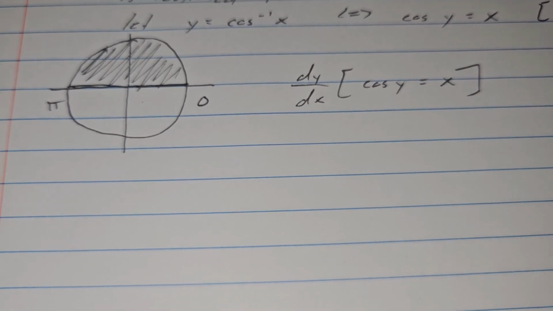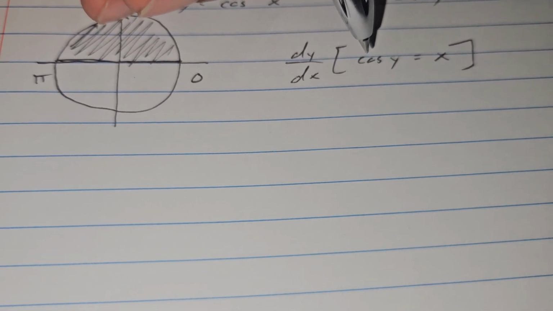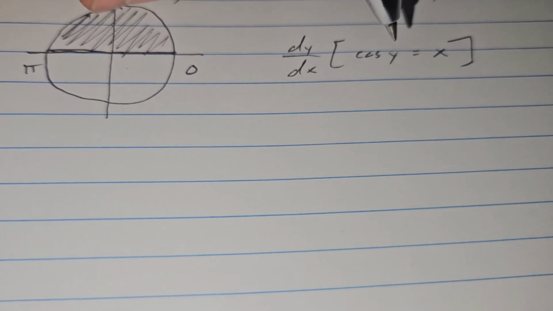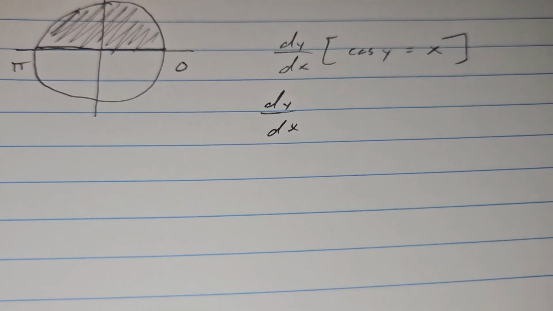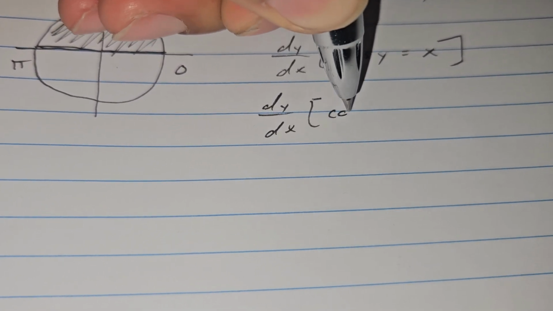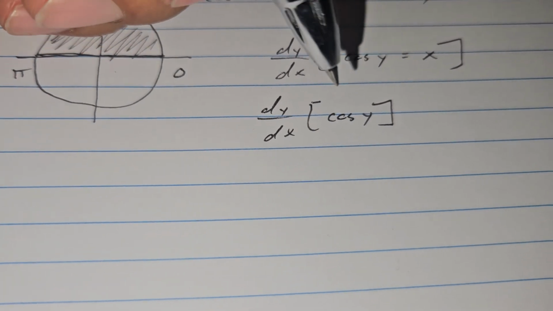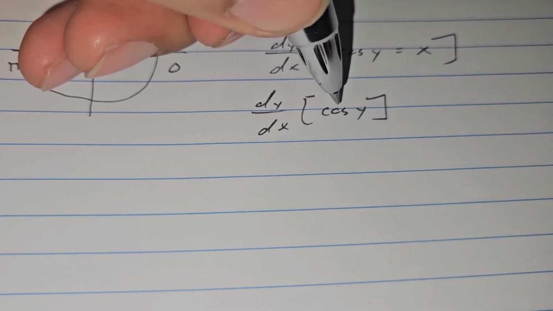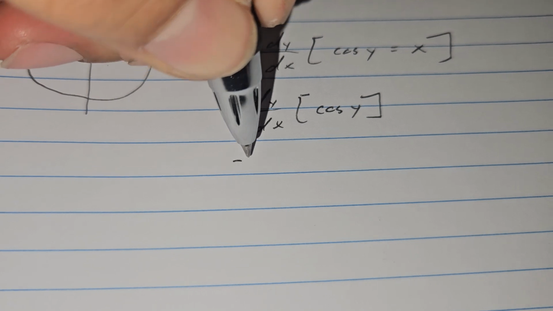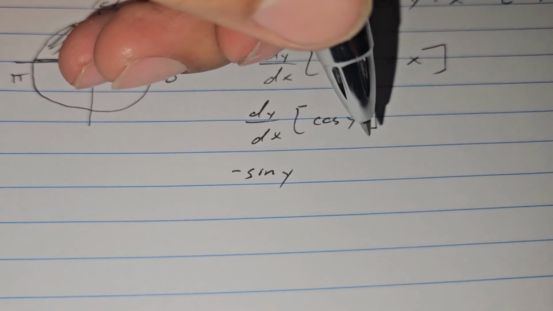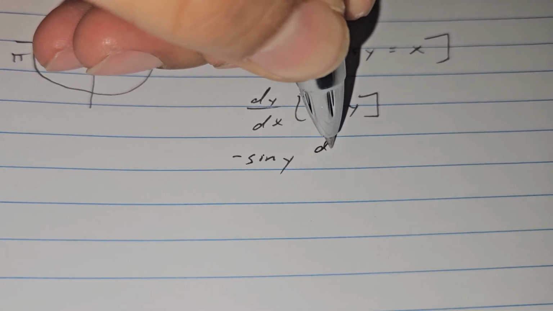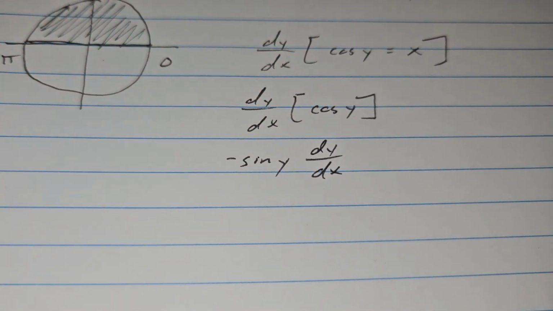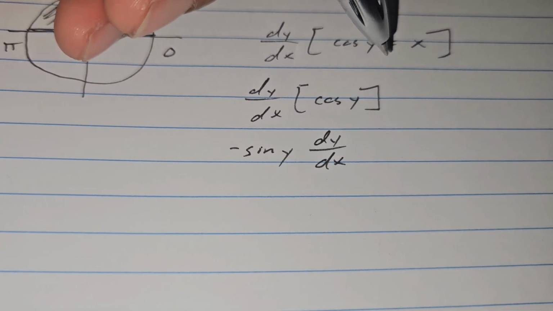The derivative of cosine, we're going to use the chain rule. The derivative of cosine is negative sine, right? We put the y inside of the sine: negative sine y. And the derivative of y with respect to x is dy/dx. So we just use the chain rule to differentiate cosine.